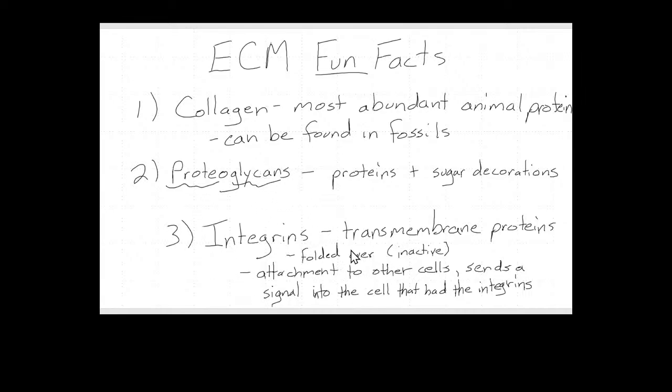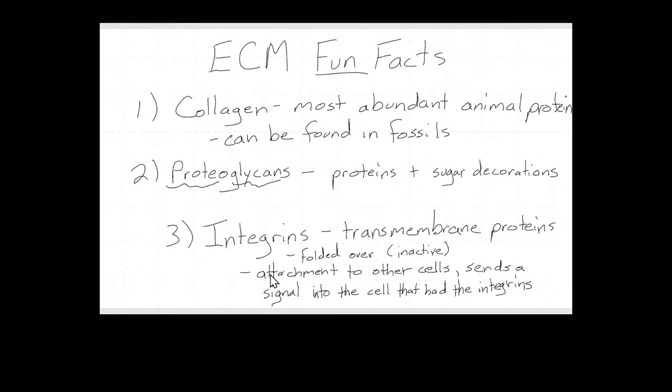And then with integrins, these are transmembrane proteins. Now they're folded over when they're inactive, and they usually are folded over below the height of the extracellular matrix, and then they can stand up straight, so to speak, when they become active.